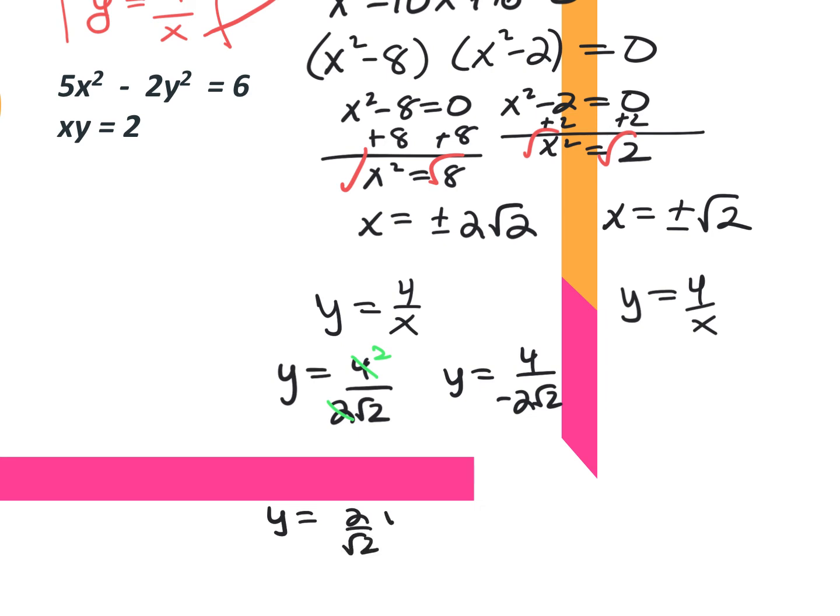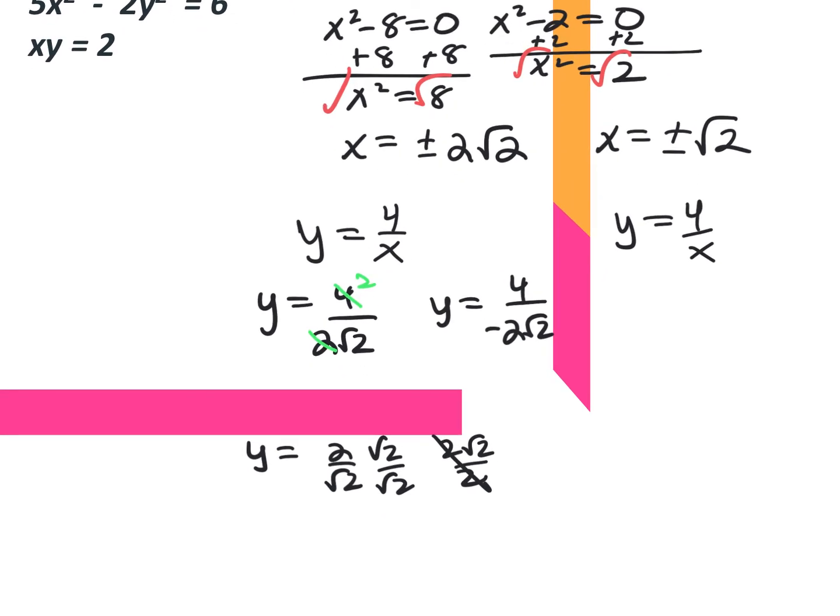I need to rationalize: 2 root 2 over 2, which just simplifies to the square root of 2. So my first ordered pair is 2 root 2, comma root 2. Then when I plug it in with negative, same thing's going to happen. This will cancel. So then I'm now left with y equals negative 2 over root 2.